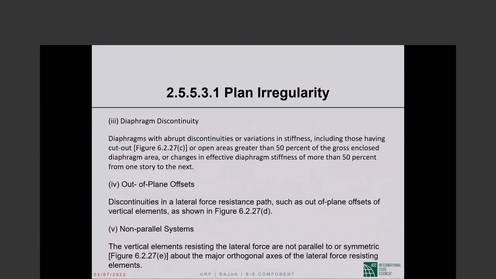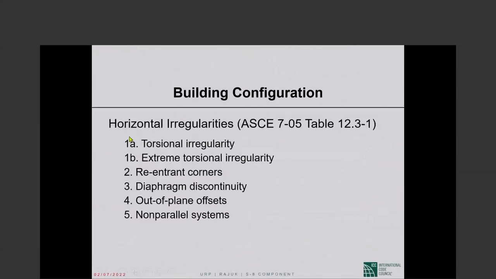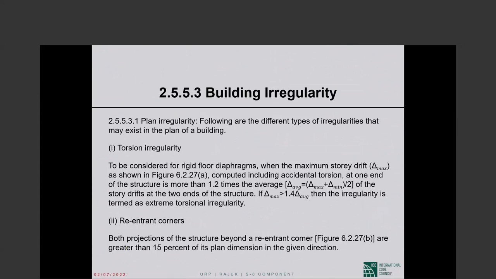Diaphragm discontinuity, out-of-plane offsets, non-parallel systems. So the categories 1 through 5 that we saw here are described for you, if not defined for you. In some cases it is defined for you by BNBC in section 2.5.5.3.1.